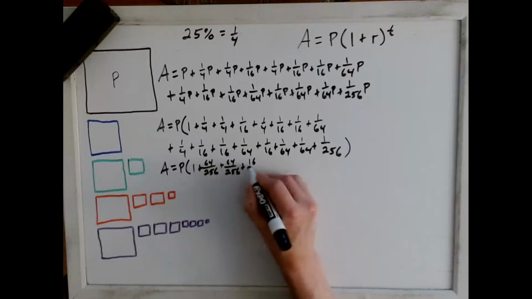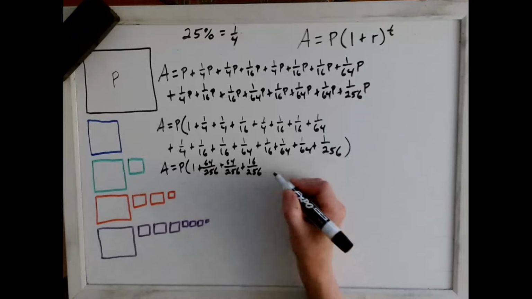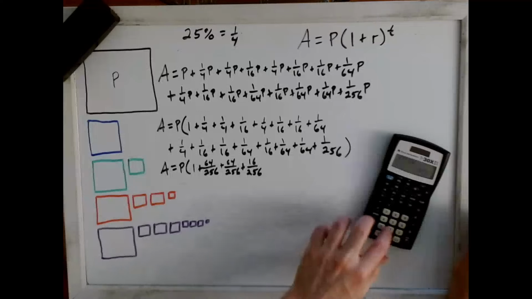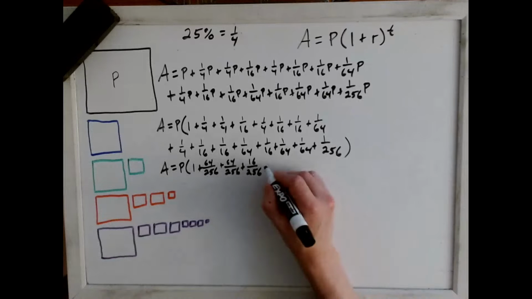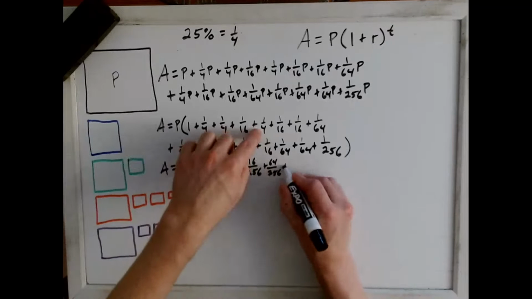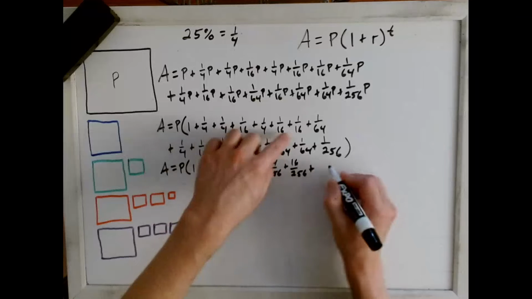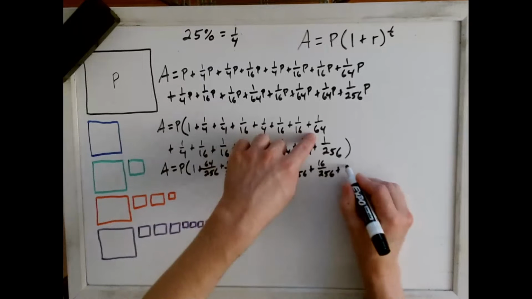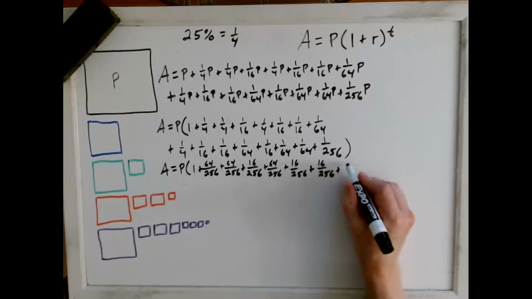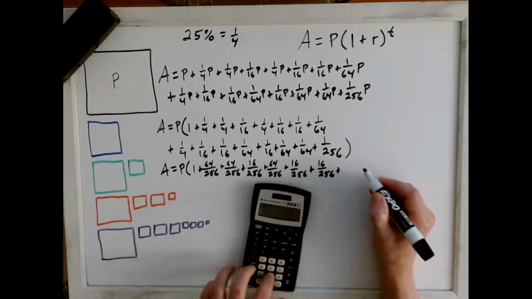1/16 is 16 over 256. Again, let's do a little check on that. Yes, 16 over 256. 1/4 is 64 over 256. 1/16 is 16 over 256. 1/16 again is 16 over 256. 1/64 is 4 over 256. Again, let's double check that.